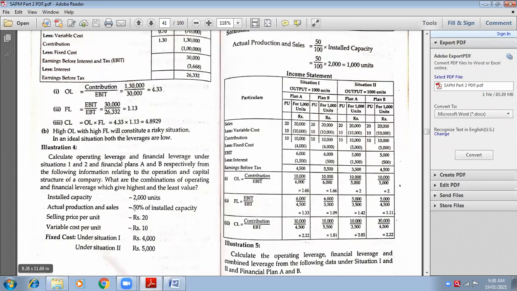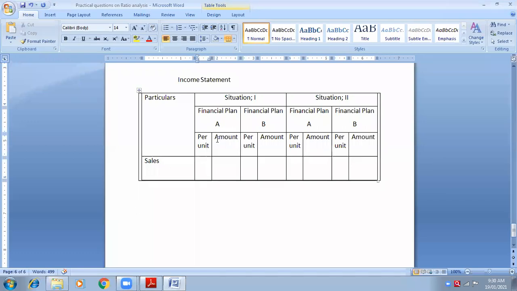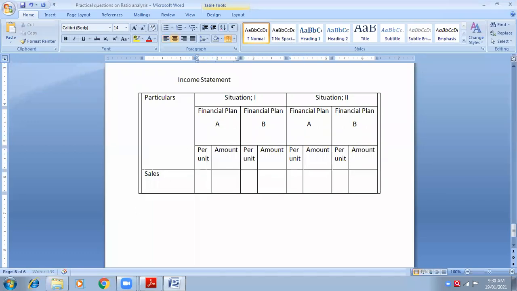What is actual production and sales? 50% of installed capacity. So here you will write 1000 units in bracket. And it will be the same for all the plans and all the situations. Write down.